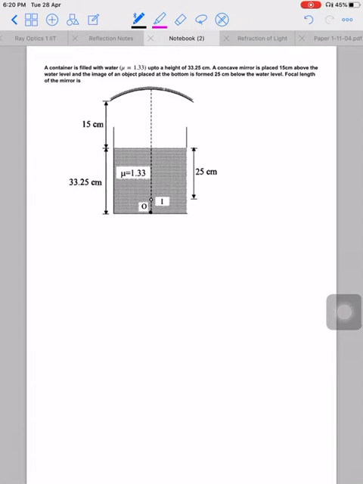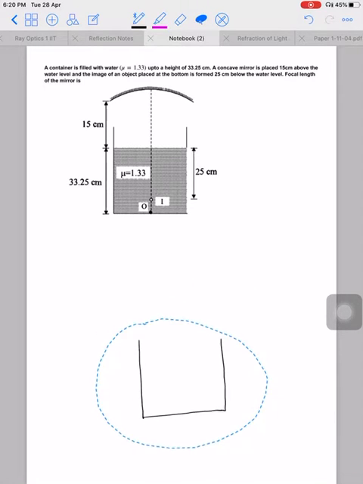We already know in combination of reflection and refraction, the image formed by reflection or refraction is considered as the virtual object of reflection or refraction in the next stage. So initially we have to find out the image formed after refraction from the water-air interface.